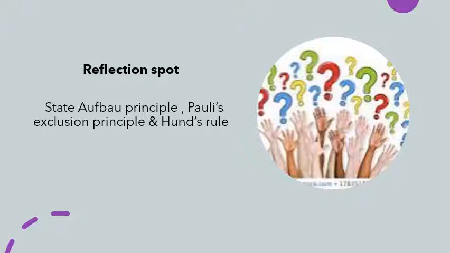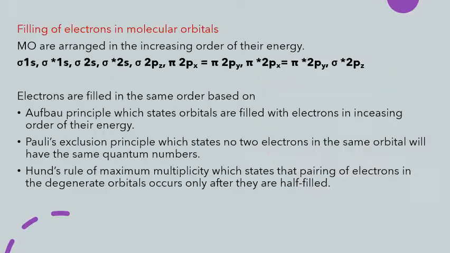The filling of electrons in the molecular orbitals follows these three principles: Aufbau principle, Pauli's exclusion principle and Hund's rule. As the molecular orbitals are arranged in increasing order of their energy, the electron filling also takes place in increasing order of their energy according to the Aufbau principle.